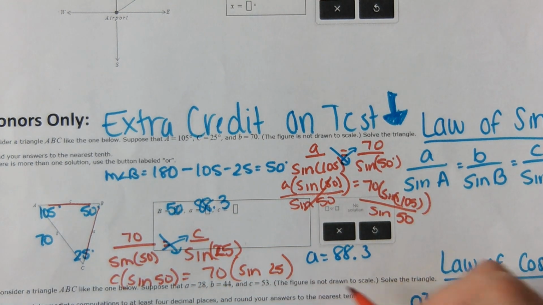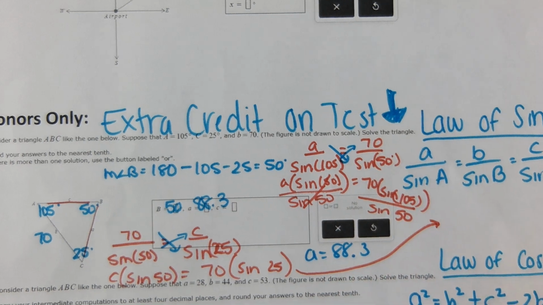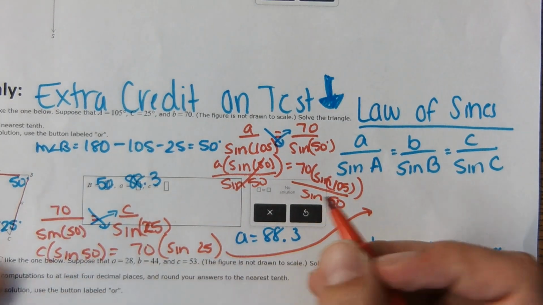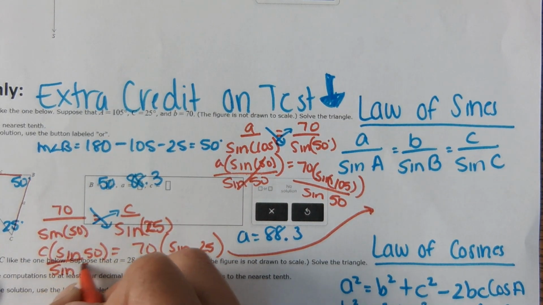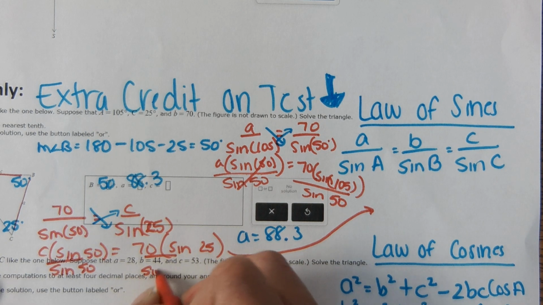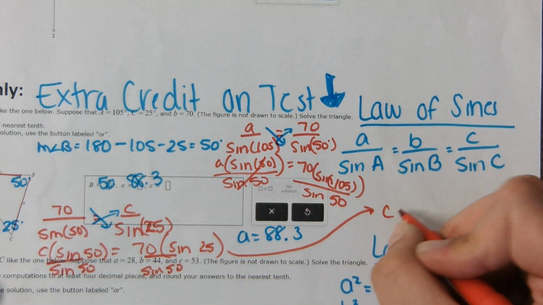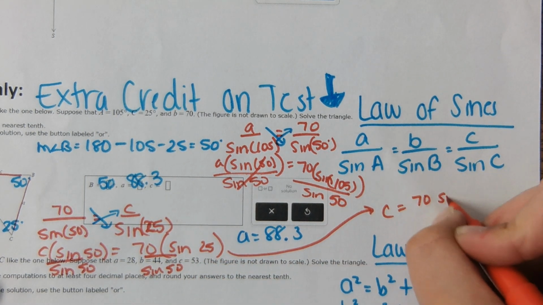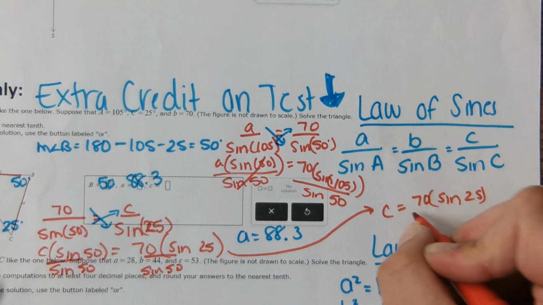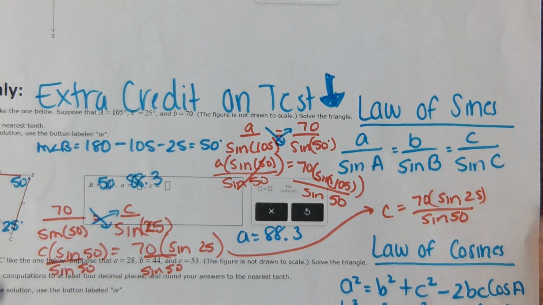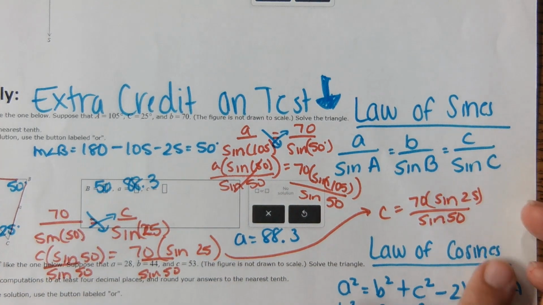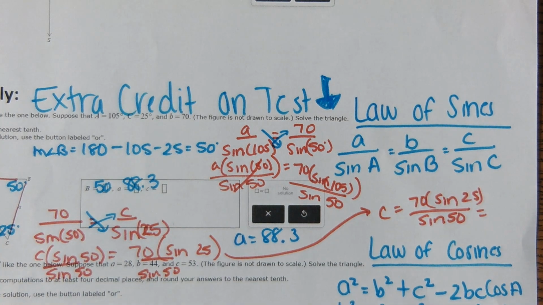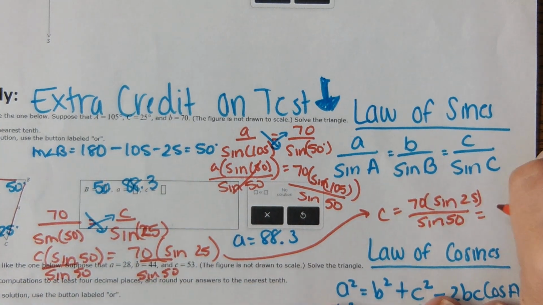You continue solving. Divide both sides by sine of 50. You get C equals 70 sine of 25 over sine of 50. And then you plug this in the calculator.